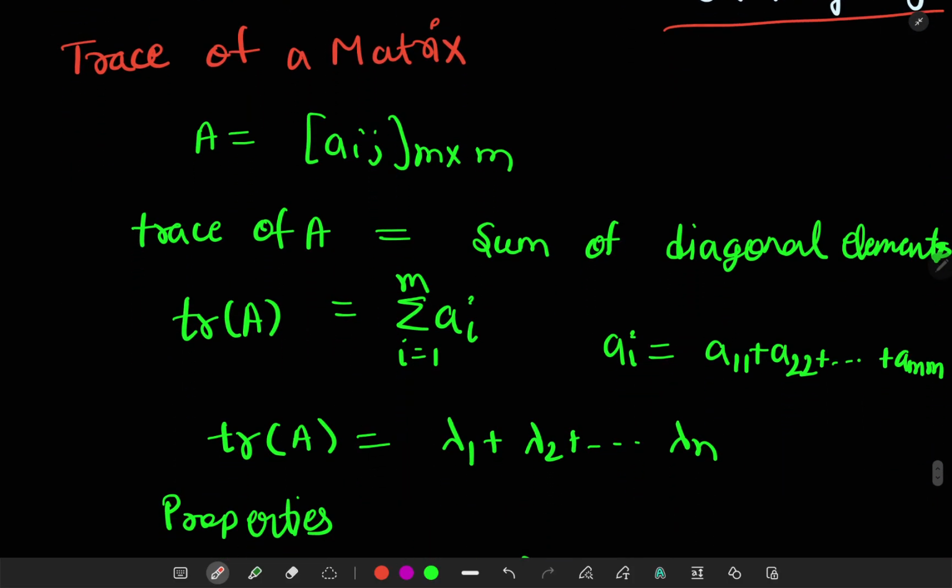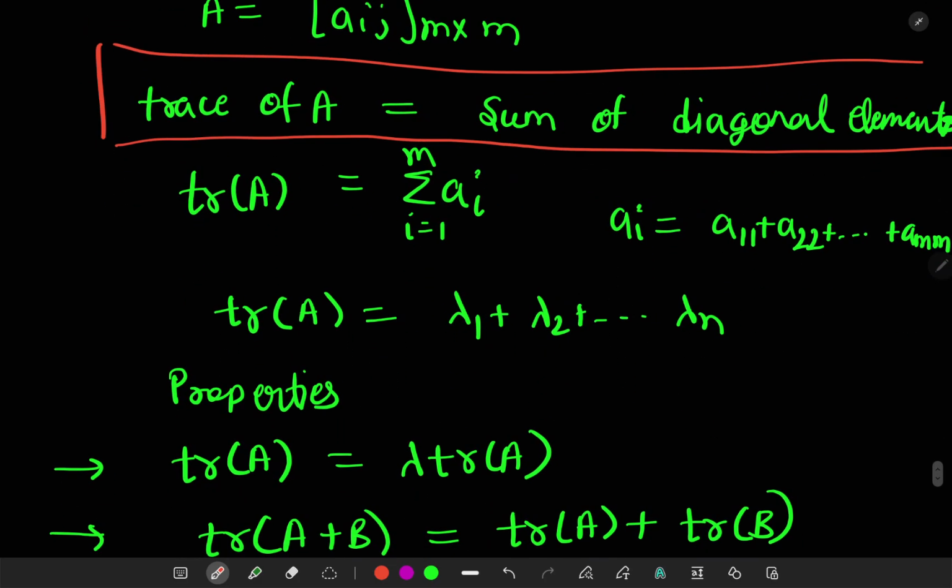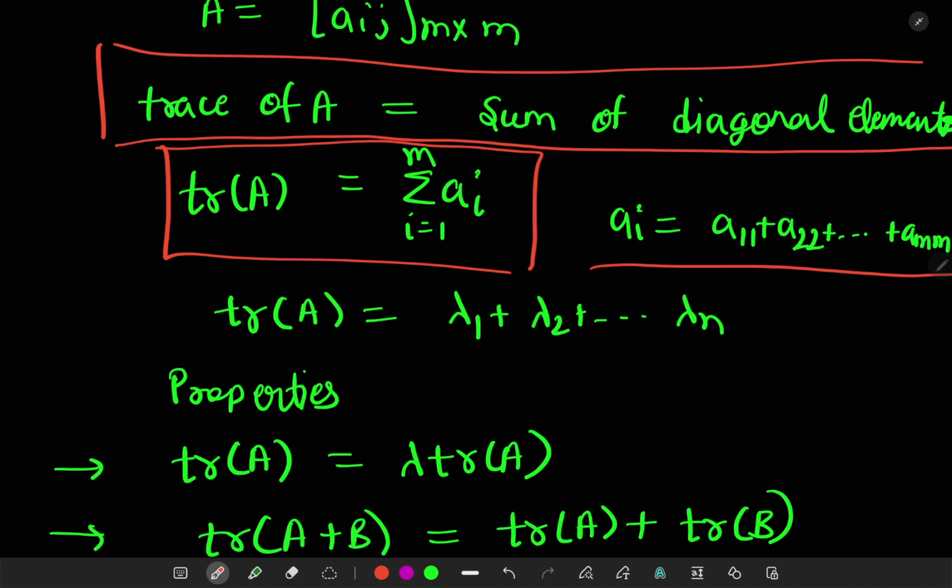Now trace of a matrix. Trace of a matrix is equal to the sum of the diagonal elements. In summation form we can write trace of matrix A equal to this summation of aii, where i goes from 1 up to m, and this is a11 plus a22 up to amm.